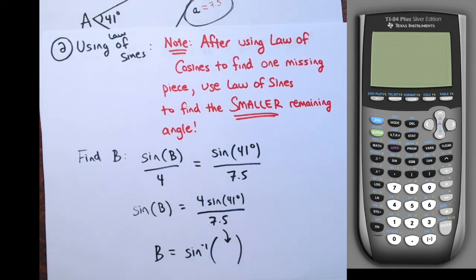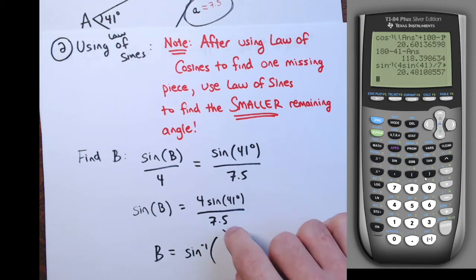Let's see what we get. Now I'll use the rounded version because it's been a while. I'll take the inverse sine of 4 times the sine of 41 degrees divided by 7.5, and hopefully this rounds to 20.6. And it doesn't.